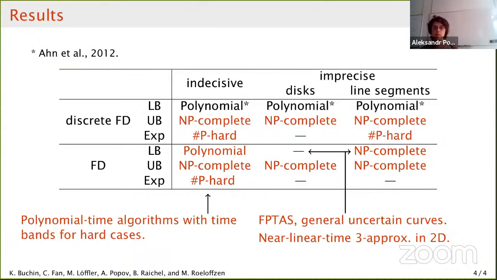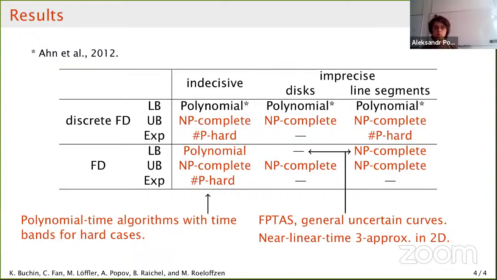The lower bound would be: you take the best possible real curves that comply with your model and say what the Fréchet distance is. The upper bound then is the worst possible curves, and the expected case means you assign some kind of distribution to your uncertainty regions, let's say uniform distribution, and then you talk about the expected value of the distance.